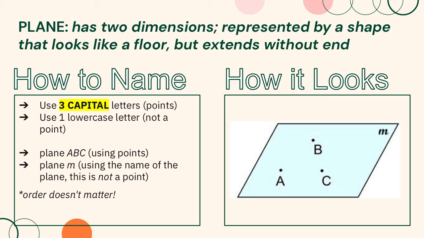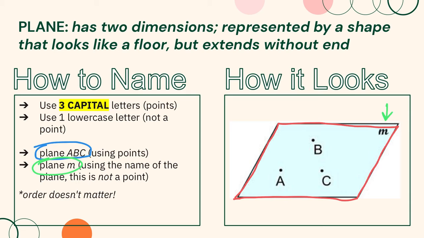When we have a plane, this has two dimensions. So it's represented by a shape that looks like a floor, but extends without end. So if we're drawing a plane, we will draw this sort of parallelogram shape, and then you can put points and things on the plane. You have a few options for how to name it. You can name it using 3 points that are in the plane, or if you have a lowercase letter, that means that that's the name of the plane.